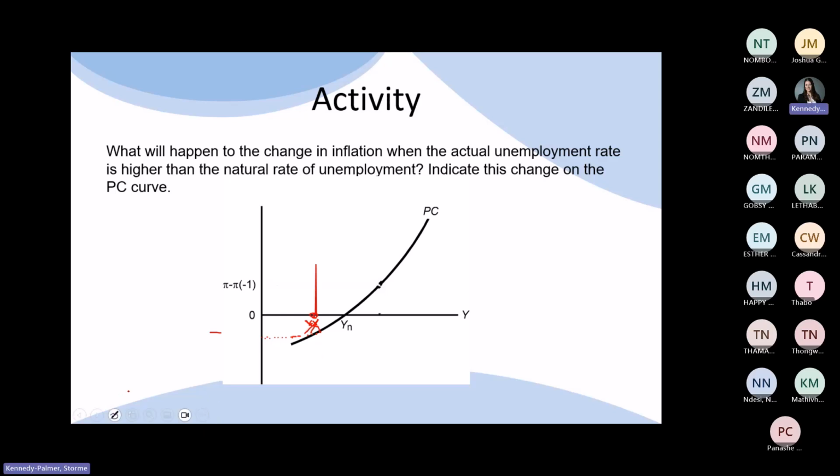Or if we're quite far down, prices are actually decreasing. So if I was going to add some values to this, let's assume that the inflation rate last year was 6%. It's indicated over there, okay?